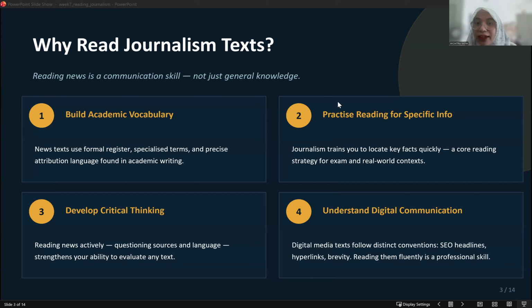Reading them fluently is a professional skill. So I urge you to start reading news articles from now because it will benefit you later, for your studies or for your professional life after you graduate from the study of communication.